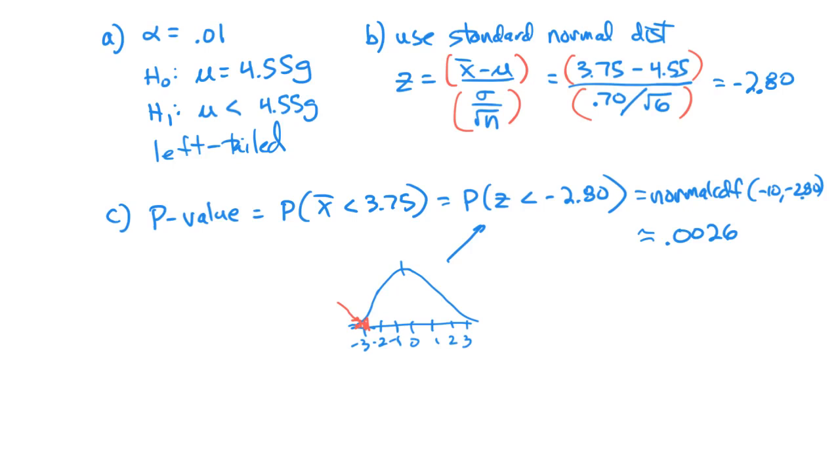So think about what the p-value means now. It means that if this null hypothesis right here is true, then there is a 0.26% chance that we would get this sample that we got. Remember, the smaller the p-value, the stronger the evidence against the null hypothesis.